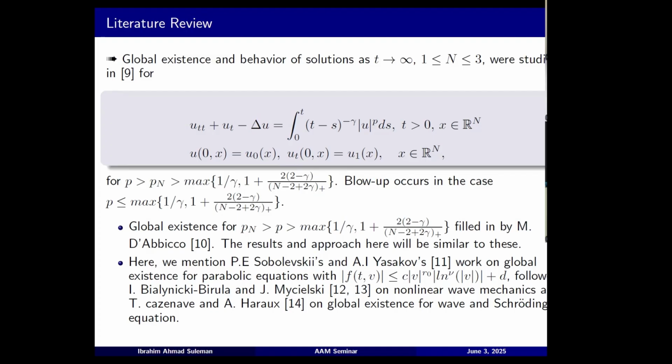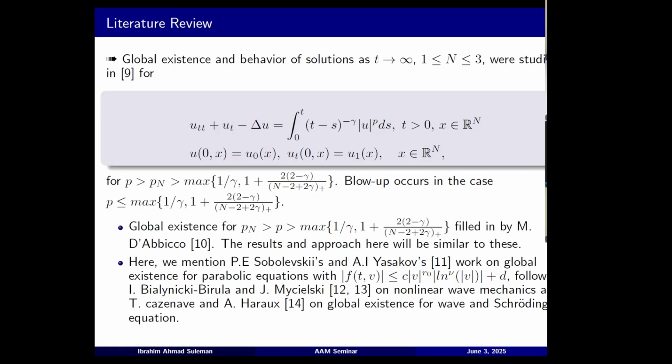In each dimension, there's a number referred to as Pn, P1 in dimension 1, P2 in dimension 2, P3 in dimension 3. These numbers separating the exponent of the nonlinear term from the critical exponent. So this left a gap as far as global existence was concerned.